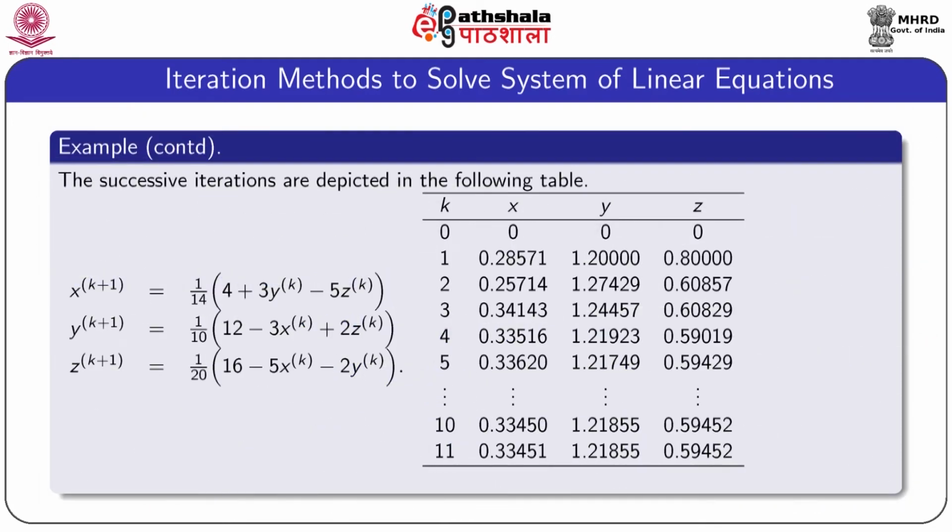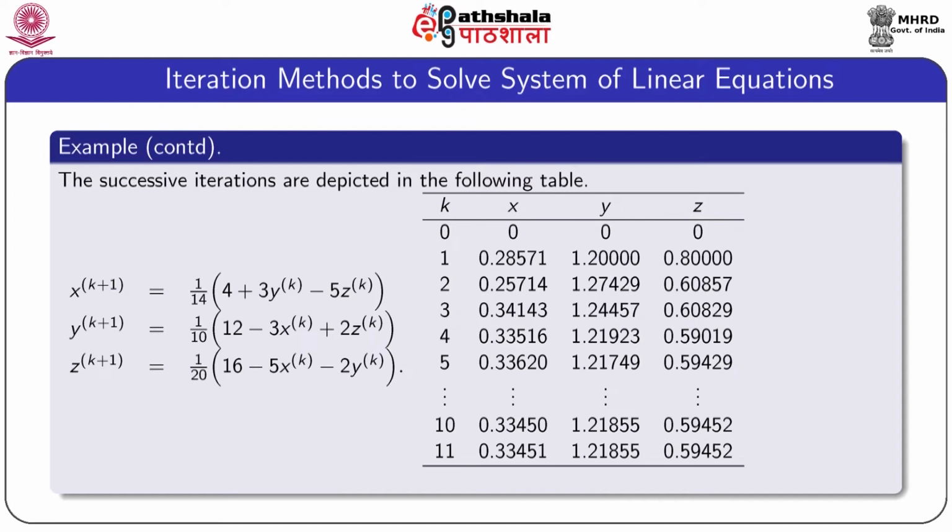The successive iterations are shown in the following table. The left hand side represents the iteration scheme, and the right hand table gives the approximate values at the first iteration, second iteration, up to the 11th iteration. Note that the 10th and 11th iterations, that is the last two rows, are almost the same.